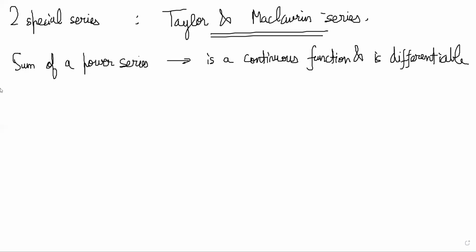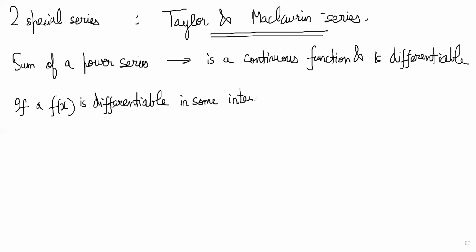So now we'll look at the opposite problem. If a function is differentiable in some interval, can we write it as a power series? Can we approximate it as a power series? That is the question that we are trying to answer. So the answer to that question is yes.